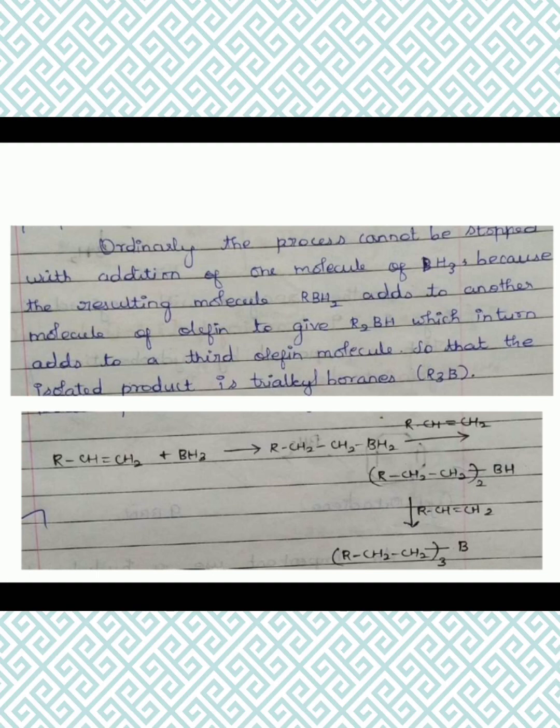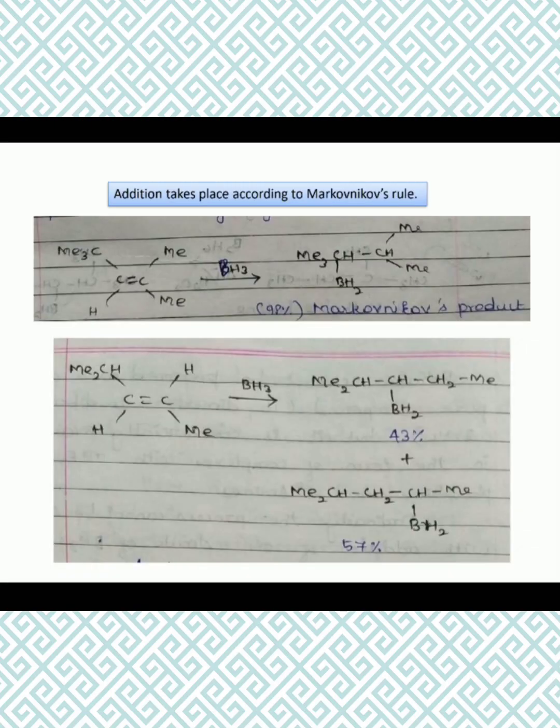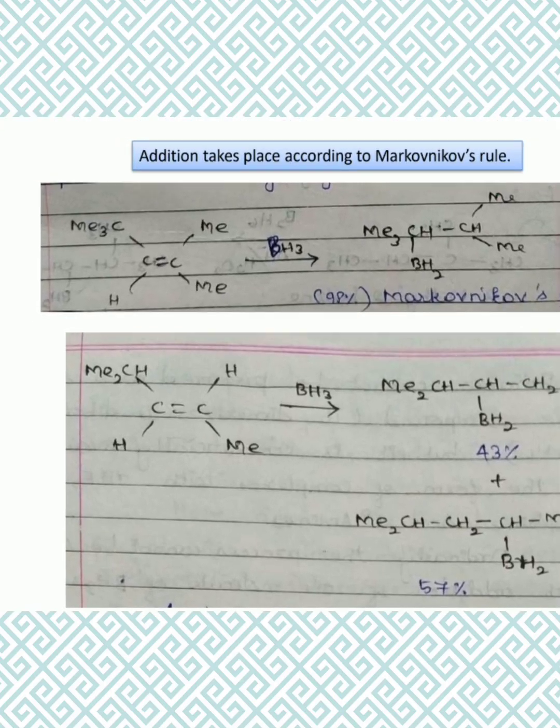So this is according to the Markovnikov rule, and the product is a trialkyl boron product. Addition takes place according to the Markovnikov rule.